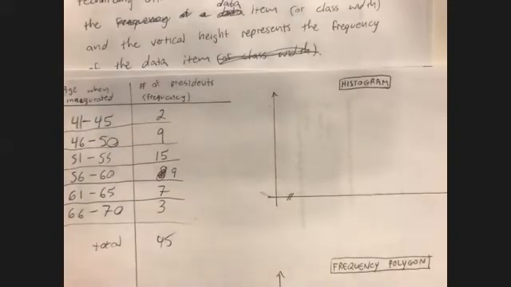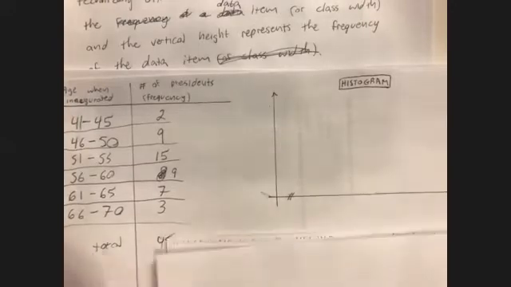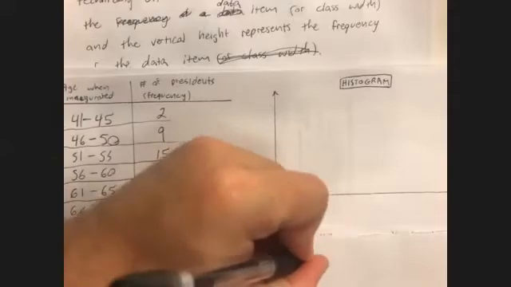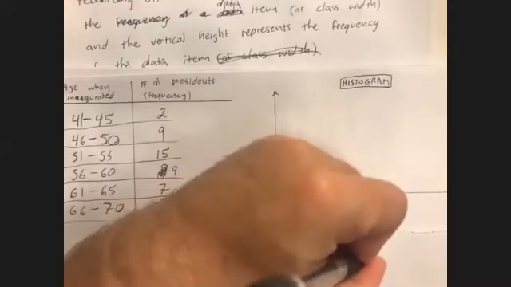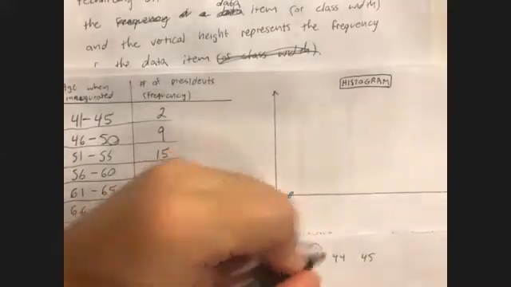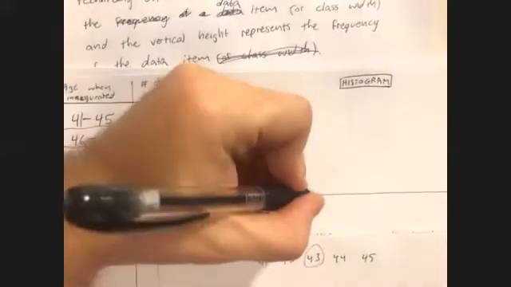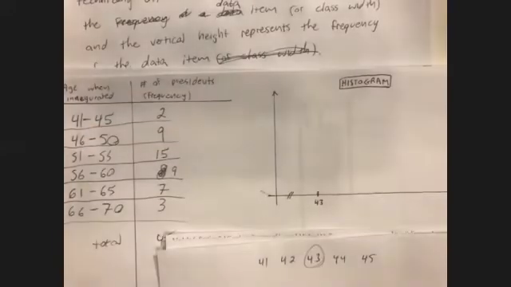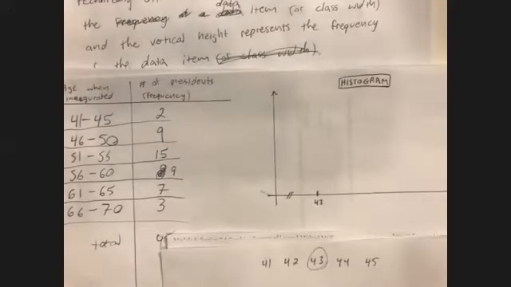So to do that, I will just write these out. 41, 42, 43, 44, 45. So the number that's in the middle, 43, will be the middle of my histogram, or of my rectangle.